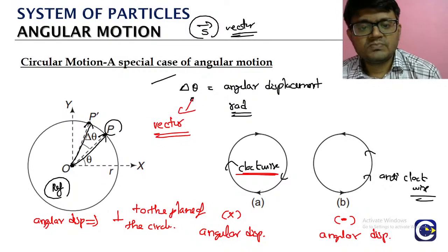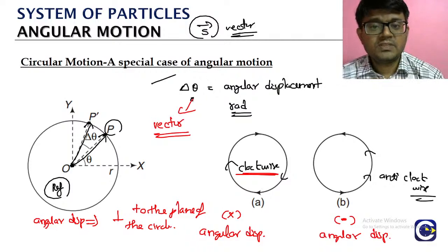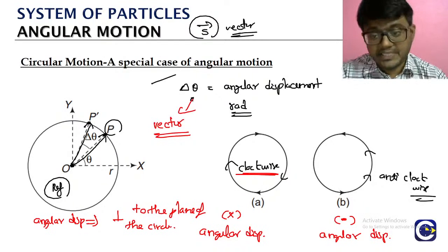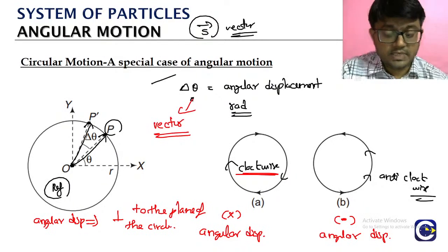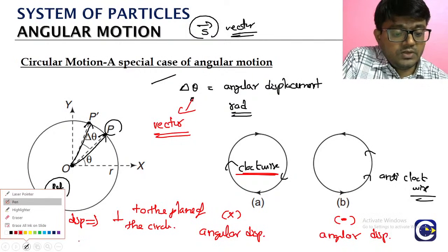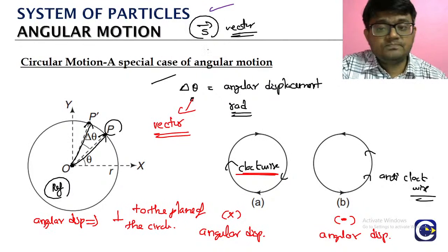Okay, in case of normal linear motion, we talk about the rate of change of displacement. That is our velocity, right? But before we go to the velocity, I'm going to point out another thing. Generally for vectors we put a bar.